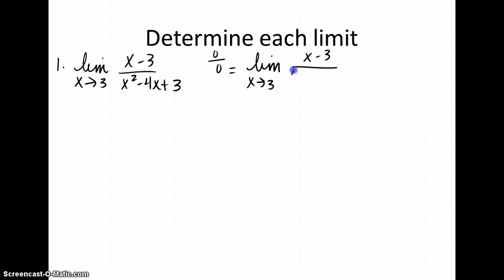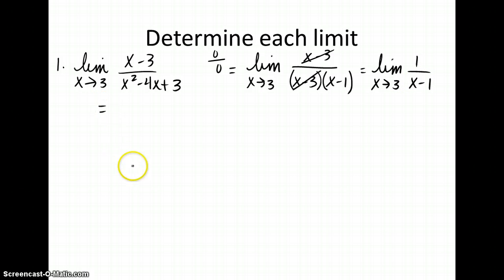So if I factor the denominator, factors of 3 that add to negative 4, that's my factored denominator. Now these factors will cancel, and my resulting function, 1 over x minus 1, when I do a direct substitution, I get a value of 1/4.